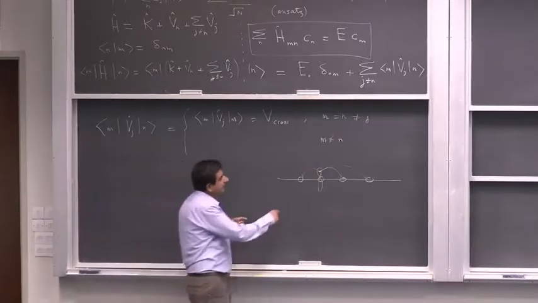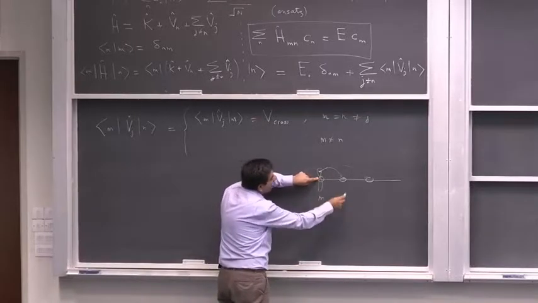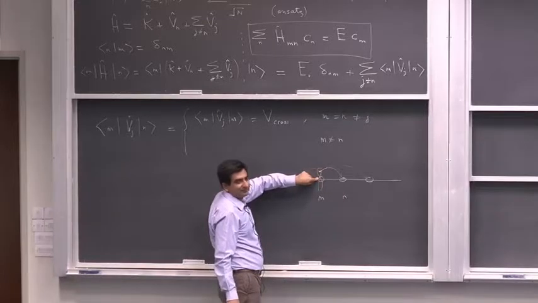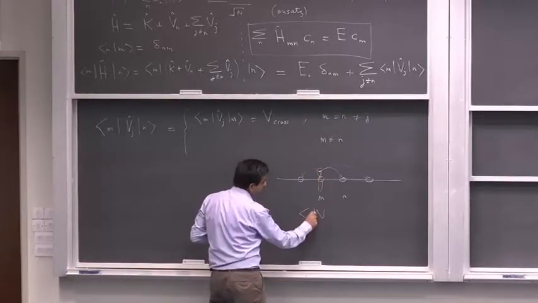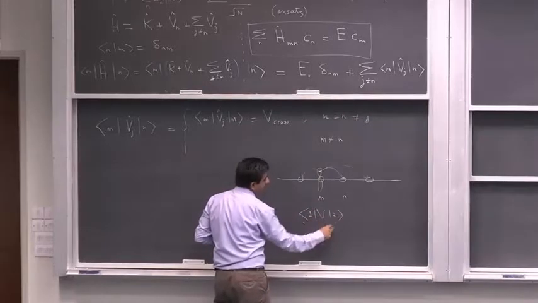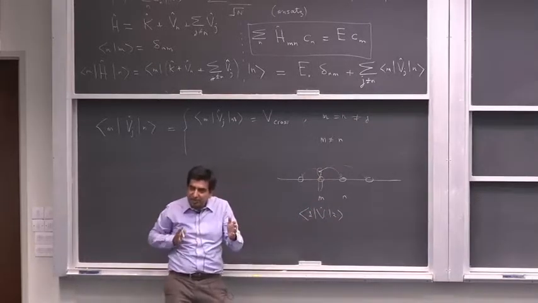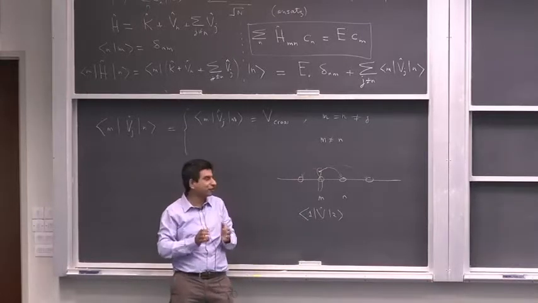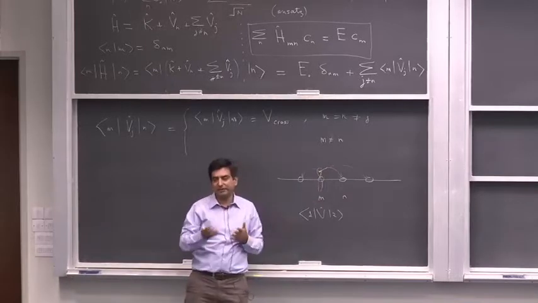This means that the electron that is on the mth position can hop on to the nth position. This represents a transfer of the electron, or a hopping of the electron, or a tunneling of the electron from one site to a neighboring site.